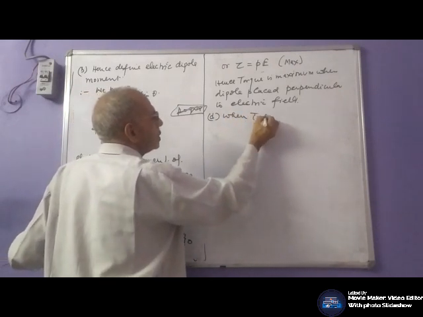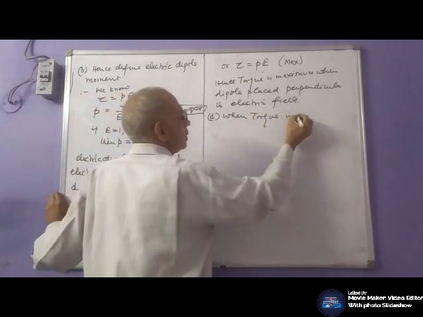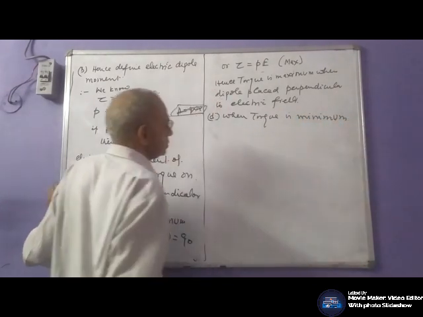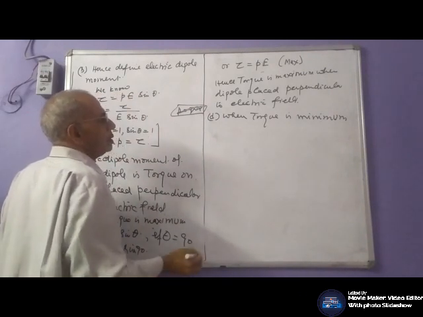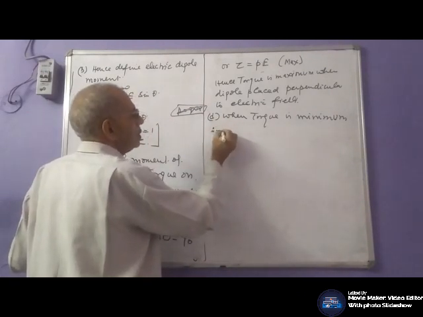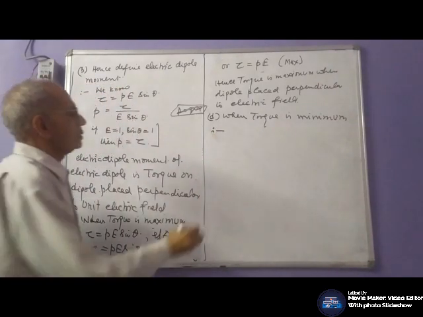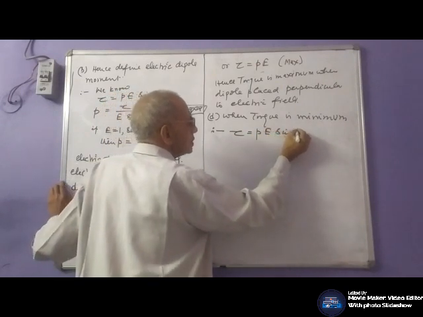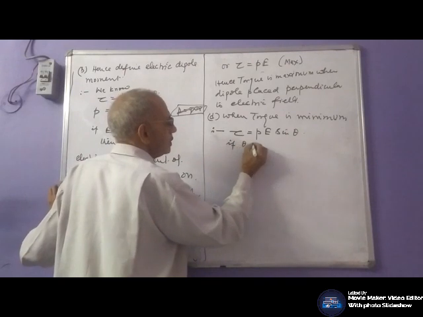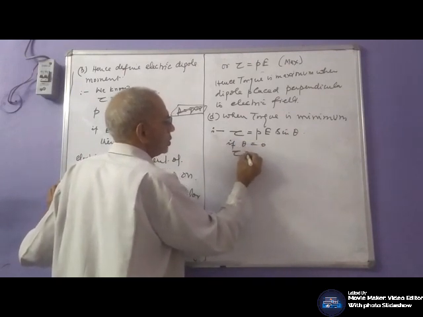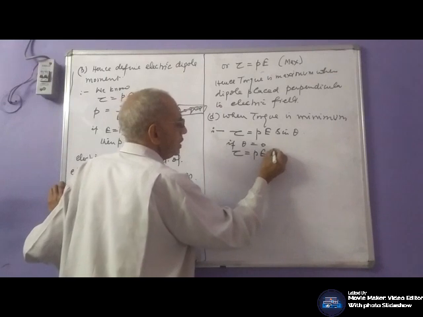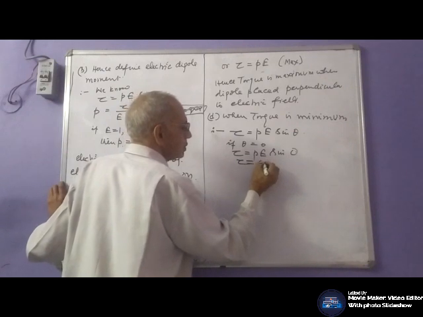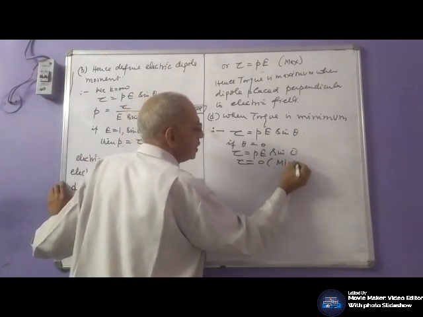When torque is minimum? By torque PE sin theta, if theta is 0, तो torque PE sin 0 or 0, minimum.